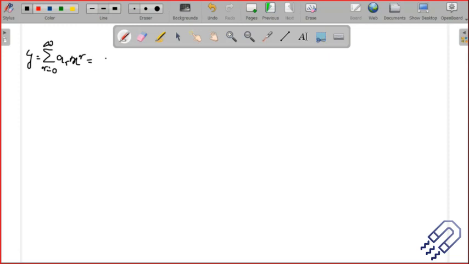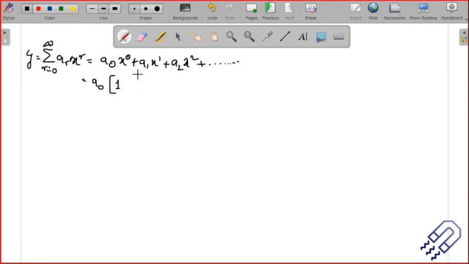If I just want to expand it, this would be a0 x to the power 0, r is starting from 0, plus a1 x to the power 1 plus a2 x to the power 2 and so on, right? So we can just replace the values, and we see that a0 is common to everything, so I'll take a0. The first term is x to the power 0, so that's 1.